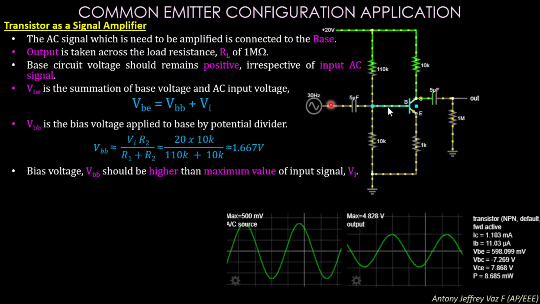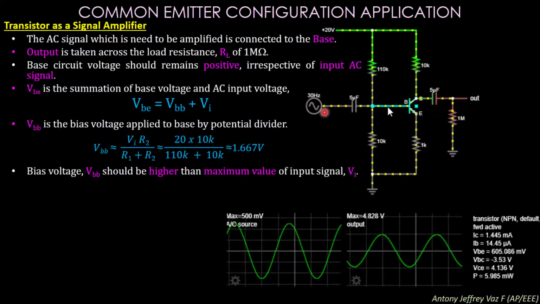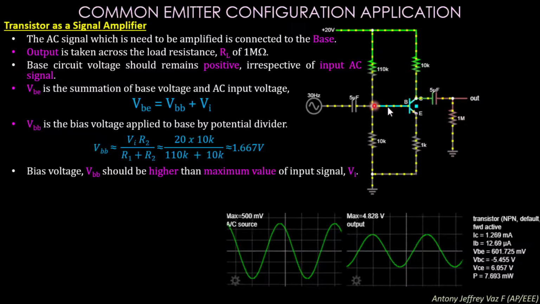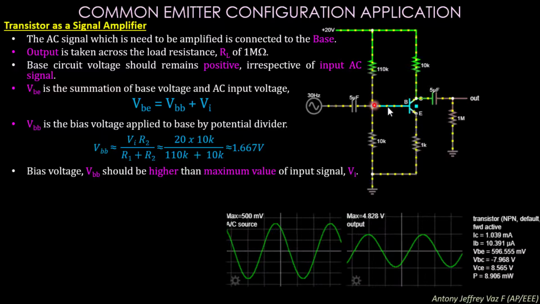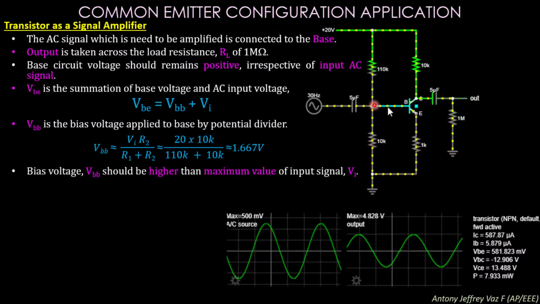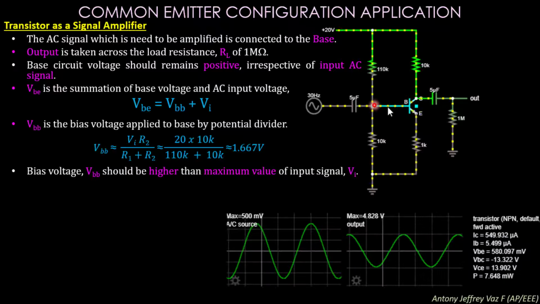So if the input voltage of the signal that is present here should be lesser when compared with the bias voltage. Otherwise, the transistor will get a reversed bias and you may not get the output properly, or you may not get the signal amplified correctly.